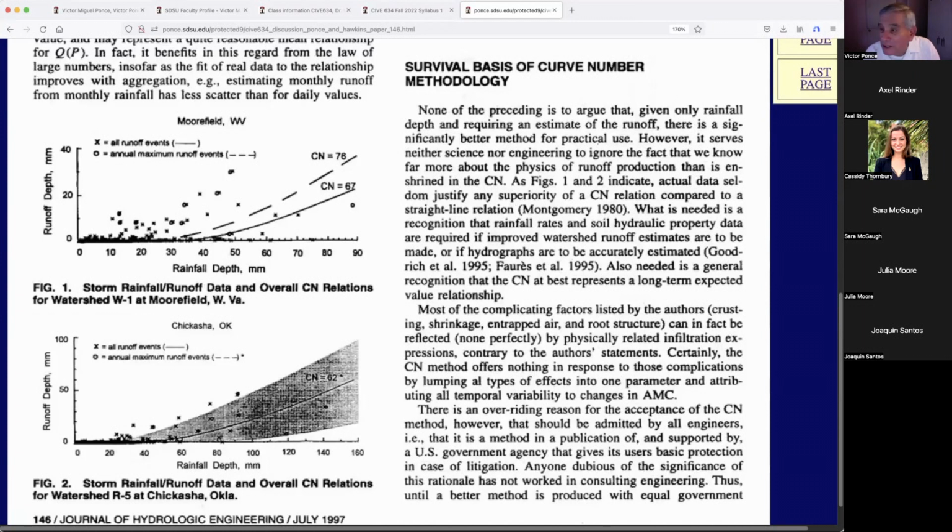Okay. So it serves, no, this is a very strong statement. It serves neither science nor engineering to ignore the fact that we know far more about the physics of runoff production than is enshrined in the CN method. Yes, Roger, but infiltration is not just physics. It's not just mechanics or physics. It is chemistry and it is biology. That argument he cannot withstand because he is a physicist.